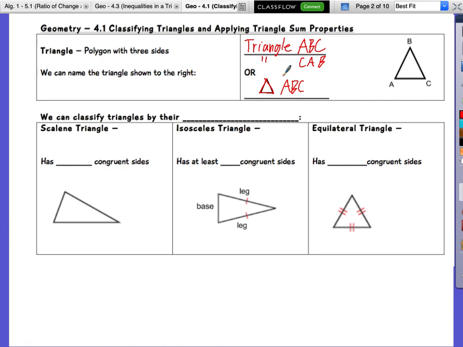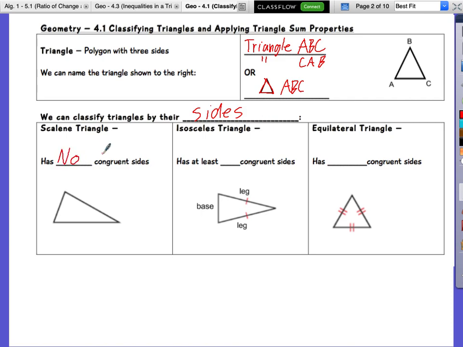So we can classify the triangles by their sides. We can classify the triangles, call them different things based on what their sides are and the length of their sides specifically. So a scalene triangle is a triangle that has no congruent sides or 0 congruent sides.